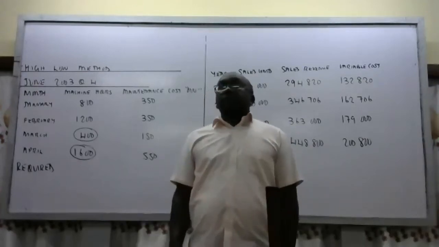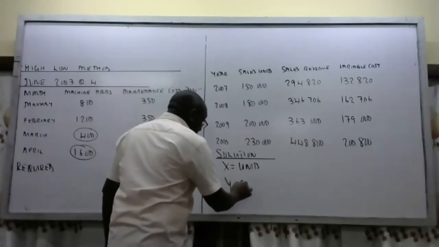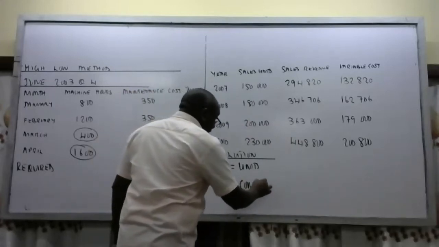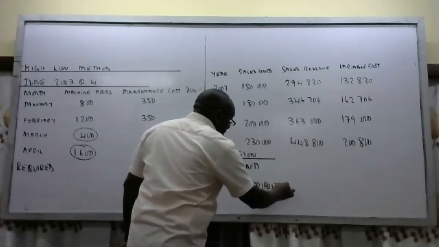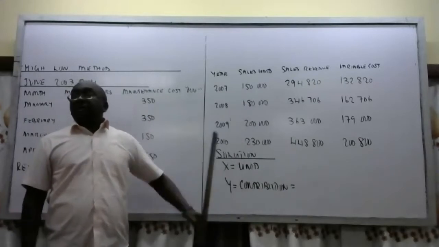So that is how you know who is your Y again. So it is the contribution. So how do we get the contribution now that it's not given here?